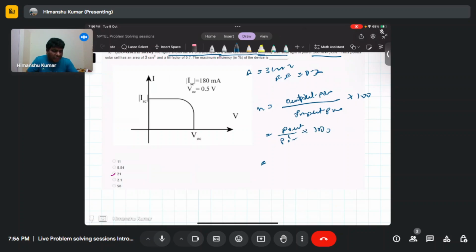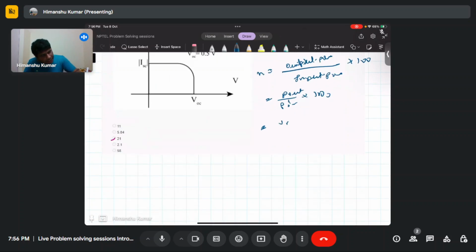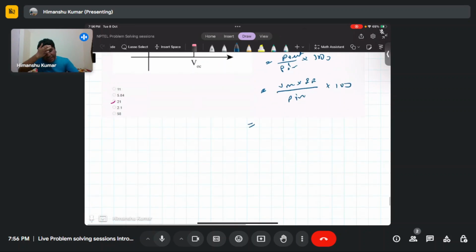P out you can write as VM times IM, and VM times IM you can write as the fill factor times VOC times ISC, divided by P in, times 100.